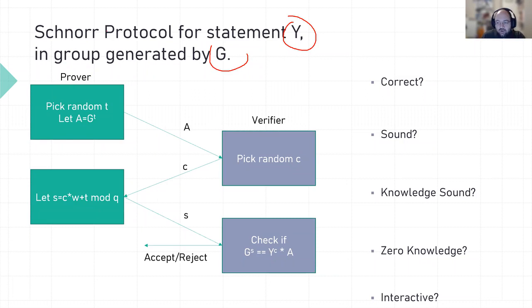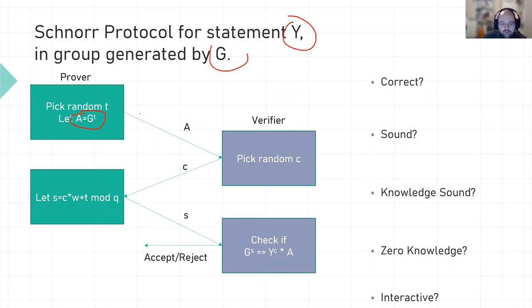Well, first off, the prover creates essentially a random element called A that is essentially G to some random power T. And this serves to randomize the protocol. And in the end, we'll see that this random value T is what protects our secret W.